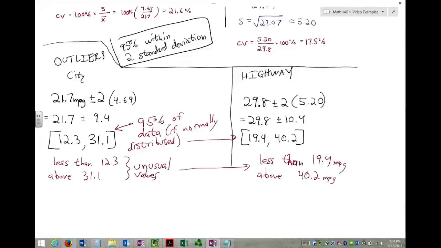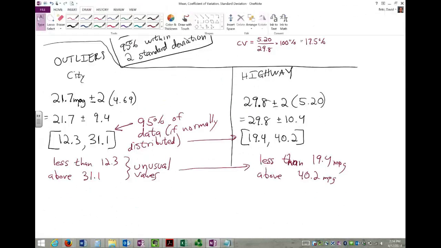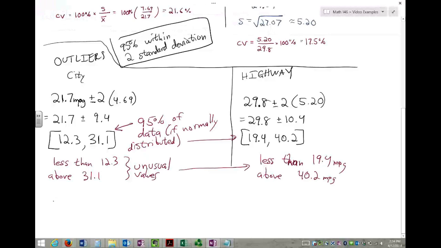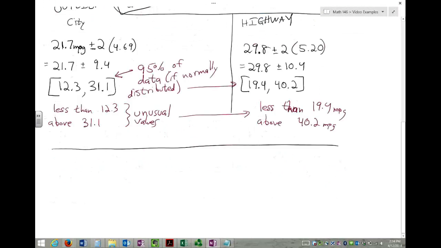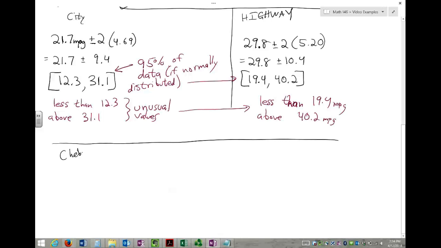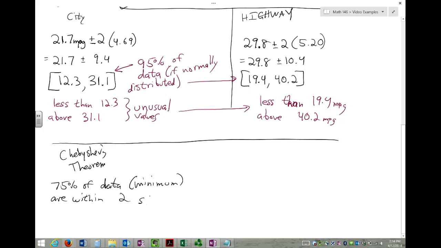Okay, the last question is with Chebyshev's theorem. Chebyshev's theorem says that 75% of the data, at a minimum, are within 2 standard deviations. Chebyshev's theorem does not require a normal distribution.